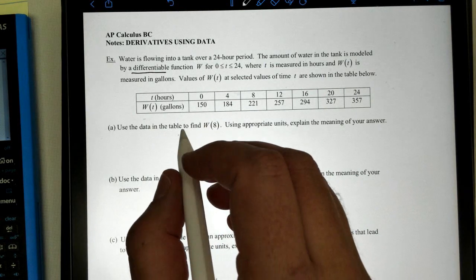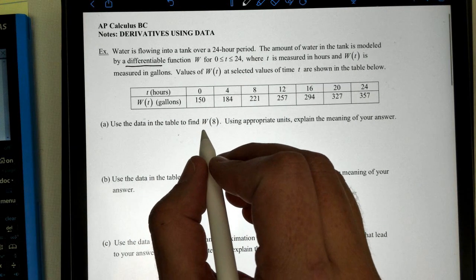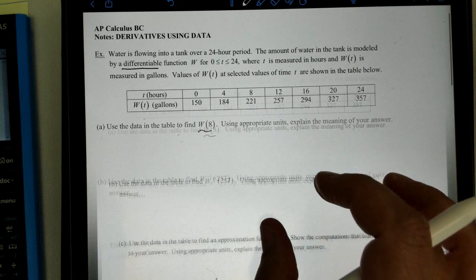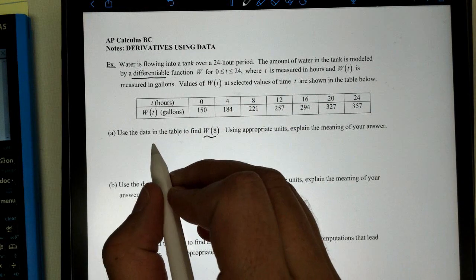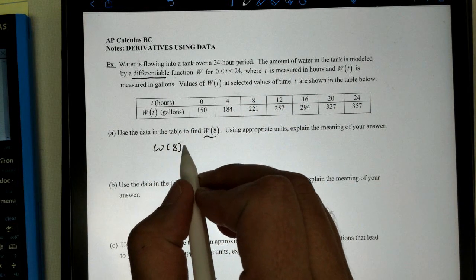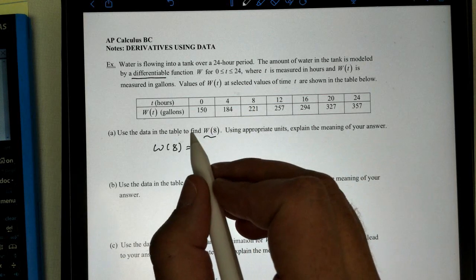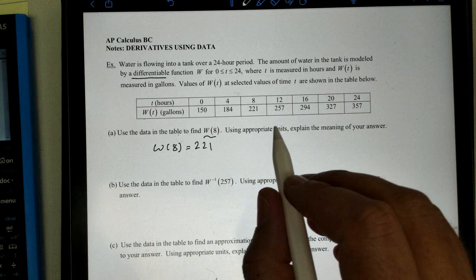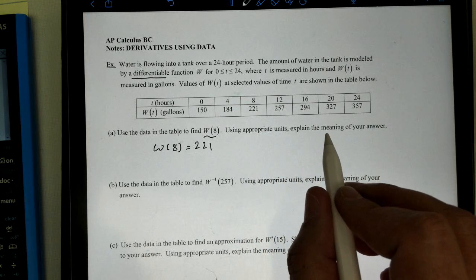The first question says, use the data in the table to find W of 8. Well, that's easy to do. We're told that W of 8, and I can find that, is 221. Then it says, using appropriate units, explain the meaning of our answer.